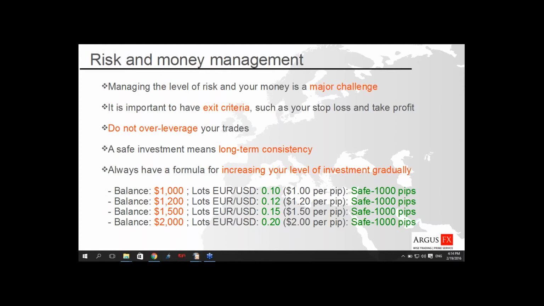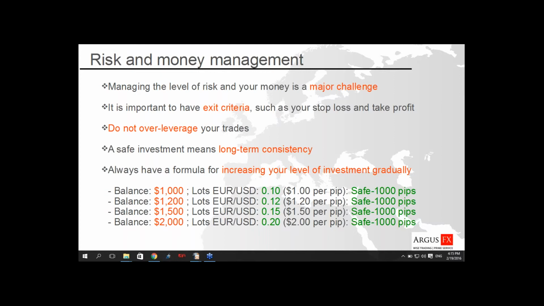If you have a balance of $1,000 and you trade the euro dollar with a lot size of 0.1, this is a very safe investment. It's like having 1,000 pips against you should your trade go wrong. This can never happen. So a safe investment on $1,000 is 0.1 lots.